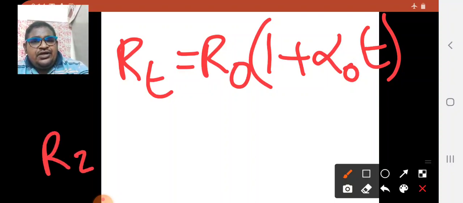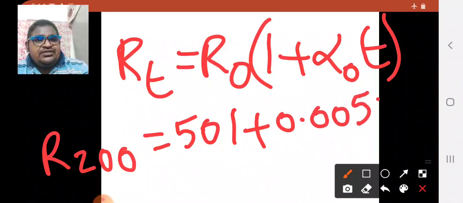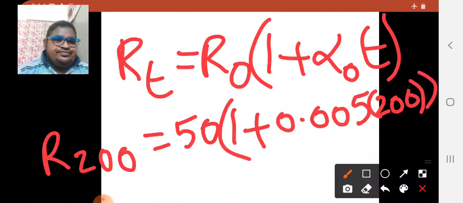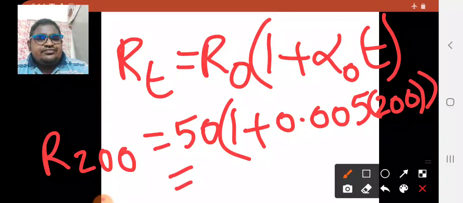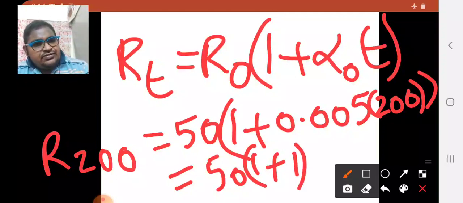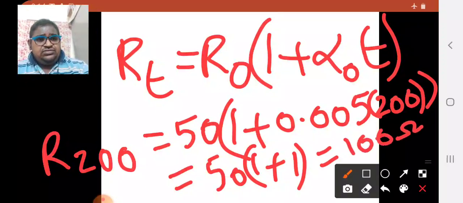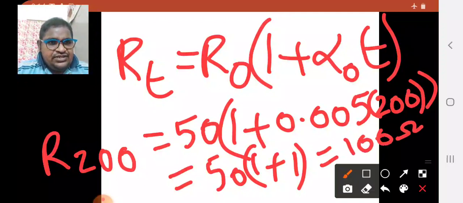R200 is equal to 50 into 1 plus 0.005 into 200. 0.005 into 200 is 1, so it is 50 into 2, which is 100 ohms. That is 100 ohms.